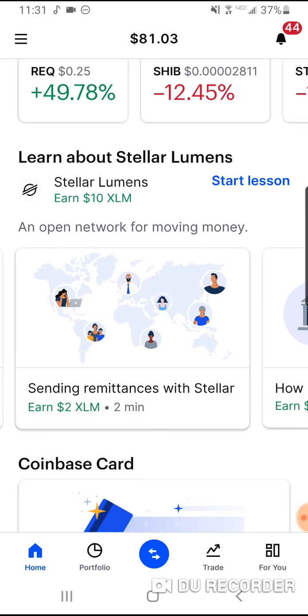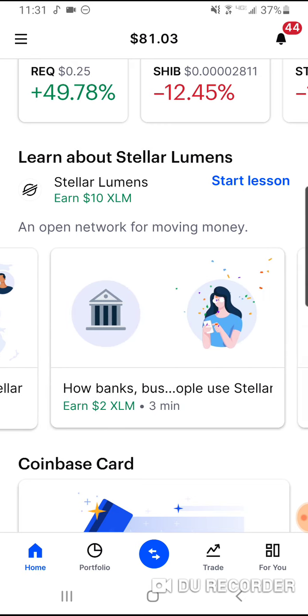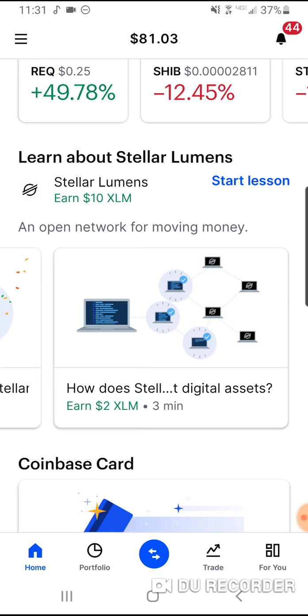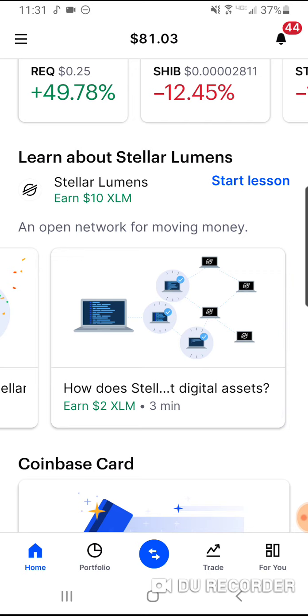And this one is sending remittances with Stellar for 2 minutes for $2. This one is how banks, businesses, and people use Stellar for 3 minutes for $2. And this one is about Stellar Lumens as digital assets, and you're going to learn for 3 minutes for $2.